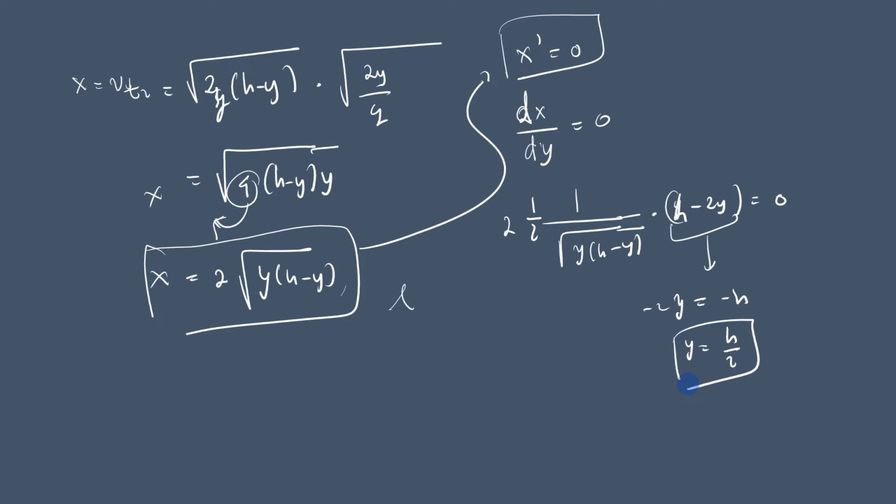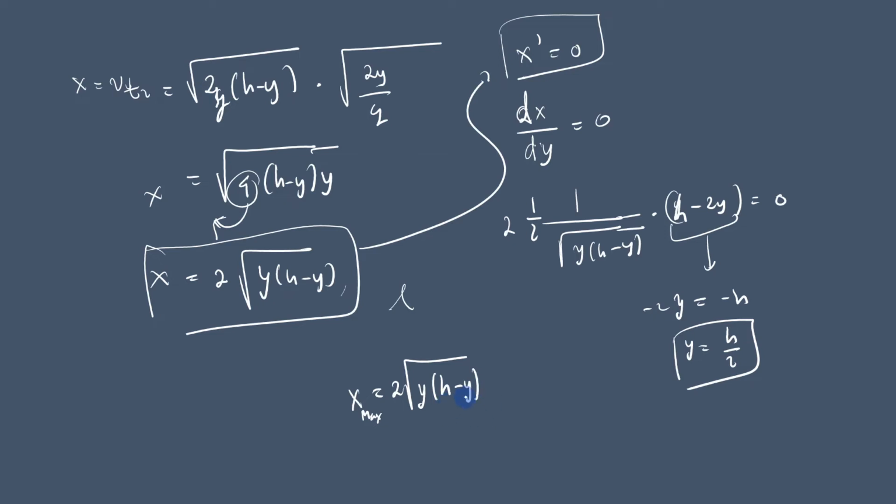We can get the distance x max equals 2 times the square root of y times (h minus y).